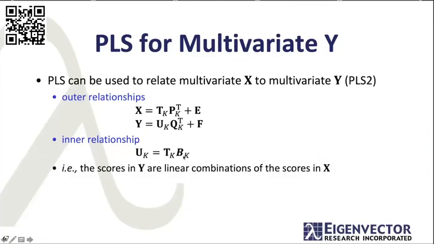It's now a regression matrix because you have multiple Y values. Where this really works well is when you have a lot of Ys that are correlated, so there really isn't a whole bunch of independent Y variables. Now I'm doing something that looks like a PCA model to capture that correlation structure in a smaller number of variables. That's probably where it makes the most sense to use PLS2.